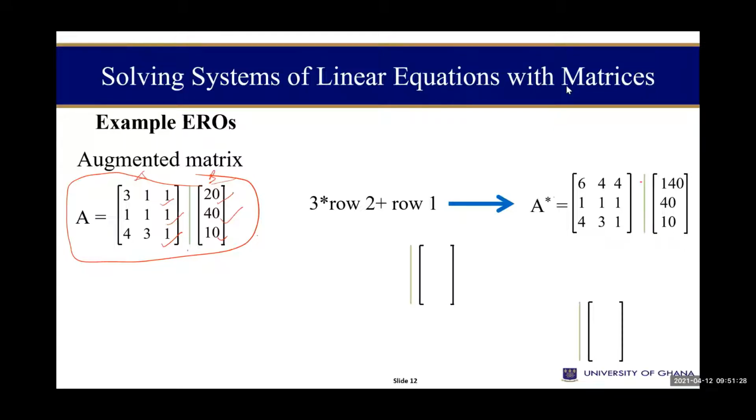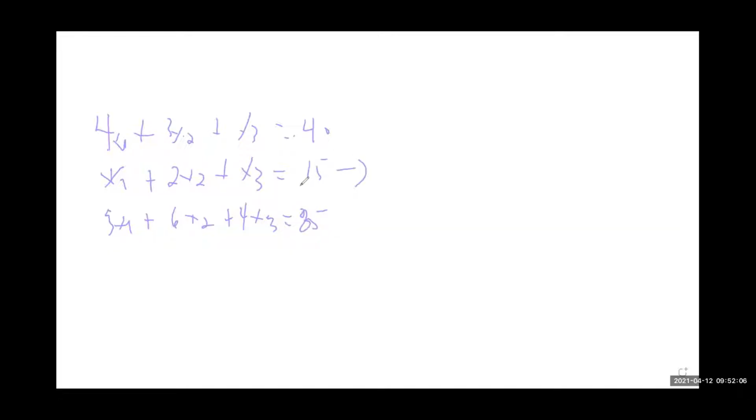Can you go over the augmentation? The augmentation is simple. Let me share a whiteboard. If I have 4x1 plus 3x2 plus x3 equals 40, and x1 plus 2x2 plus x3 equals 15, and 3x1 plus 6x2 plus 4x3 equals 35, I'm transforming these into matrix form.